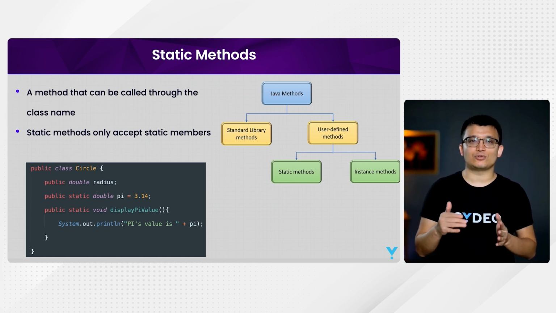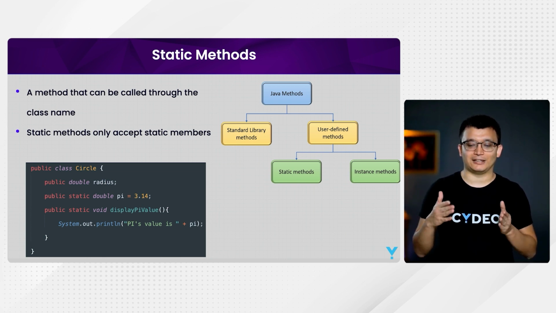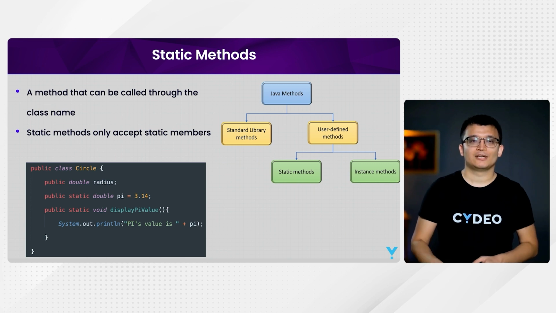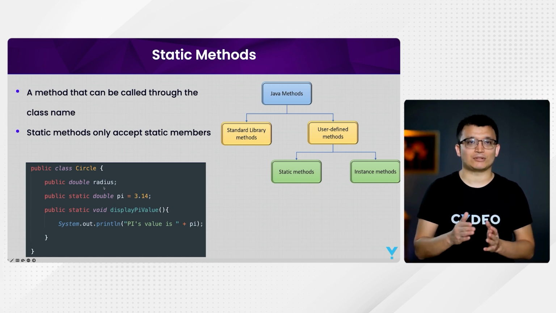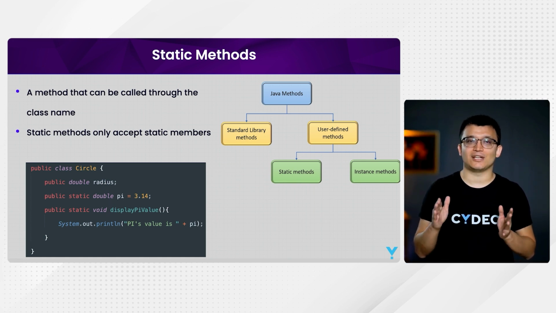And if you need to create a method that can display pi's value, in this case the method can be static because in this method, I don't need to use any instance at all. A static method does not accept any non-static members.